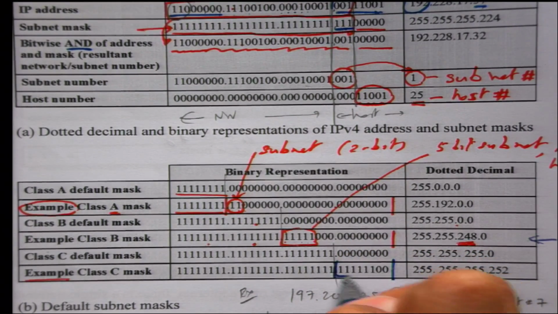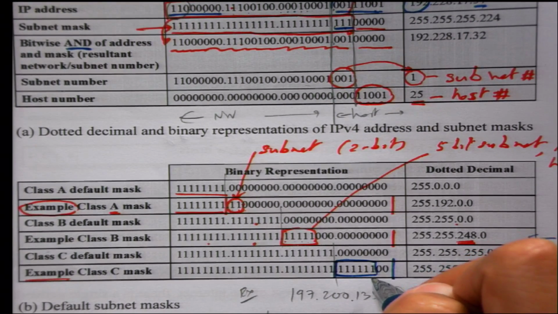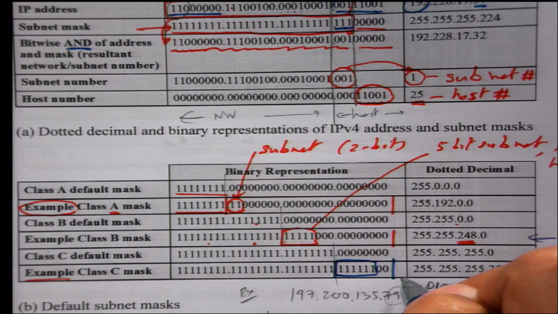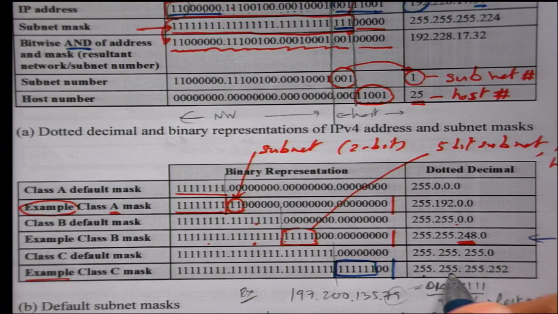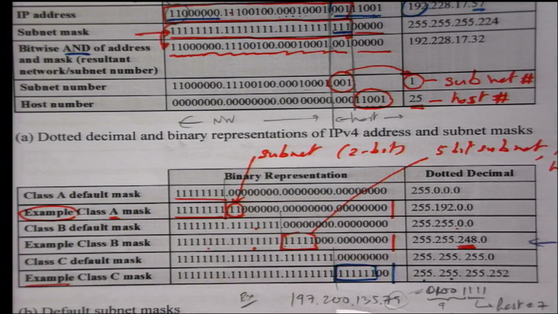In this case, 6 bits is the subnet, and 2 bits is the actual host number. So this is 255.255.255.252, the dotted decimal for the class C mask.